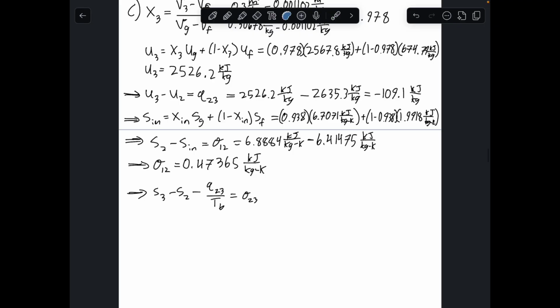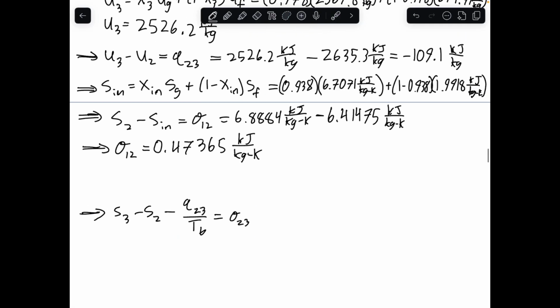So I will move this down a bit and we'll solve for S3. So S3 is going to be equal to X3 times Sg plus 1 minus X3 times Sf.